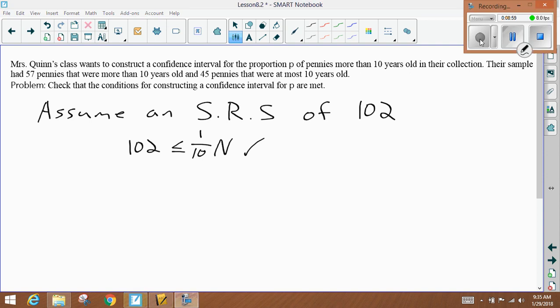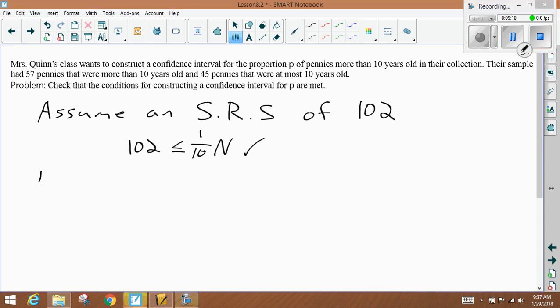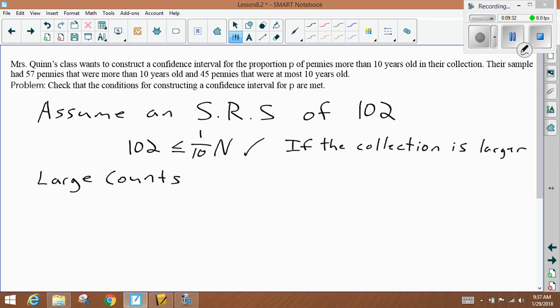All right, let's actually do the math. All right, let's check out the condition for large counts. And I guess this is true, really, if the collection, going back, sorry, is larger than 1,020 pennies.